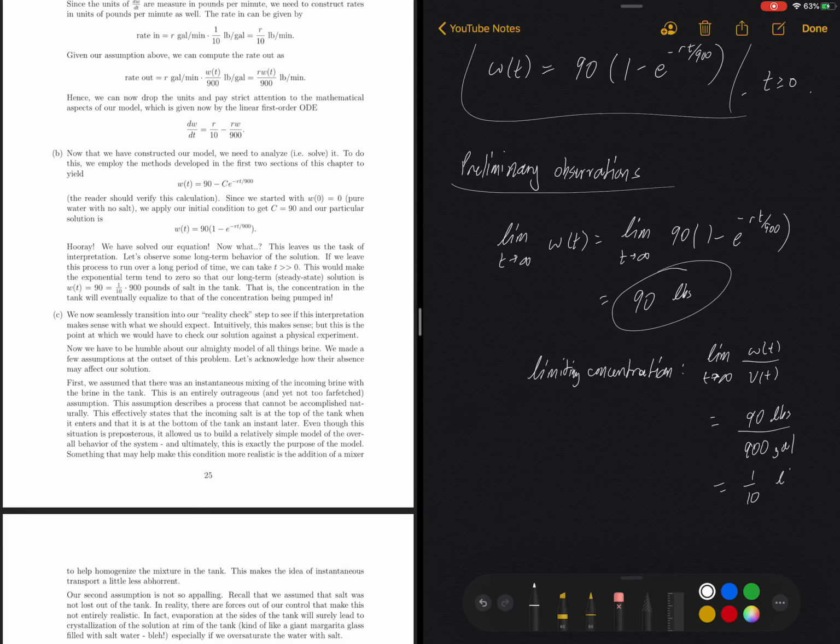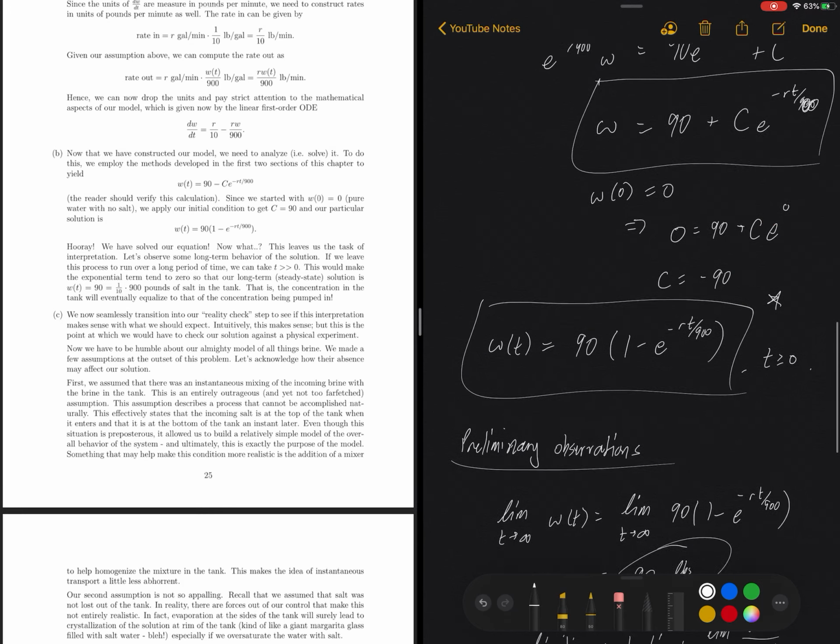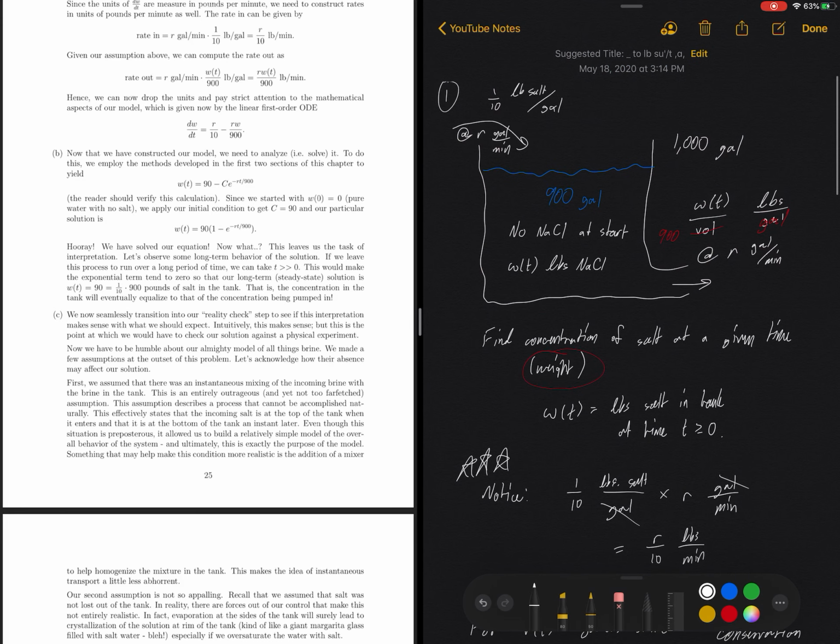The volume is constant over time, so this will be 90 pounds per 900 gallons, and we notice, hey, 1/10 of a pound per gallon. If I scroll back up here, that's exactly what this number was at the outset.